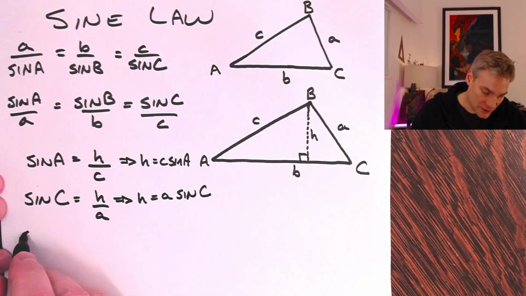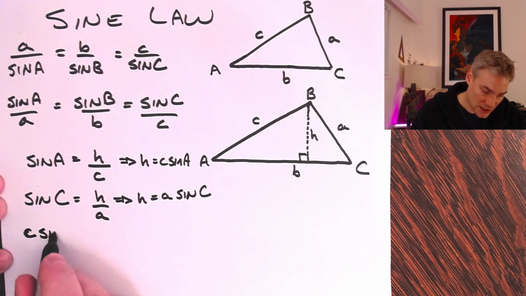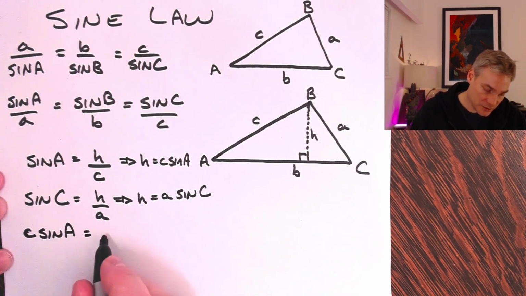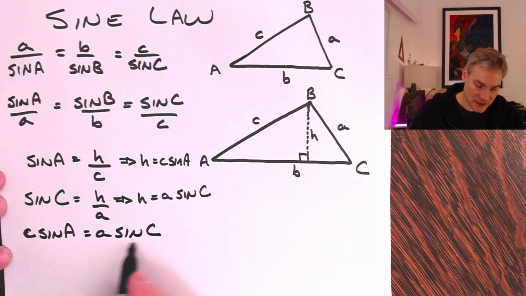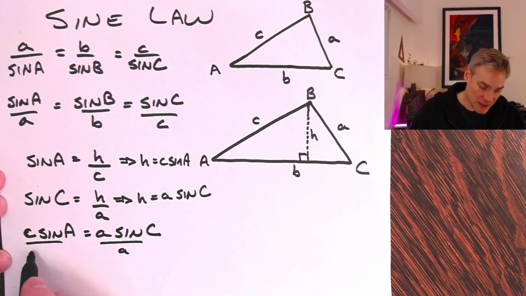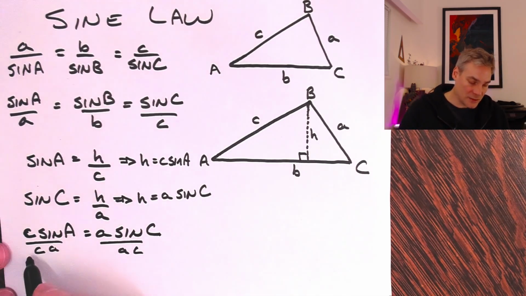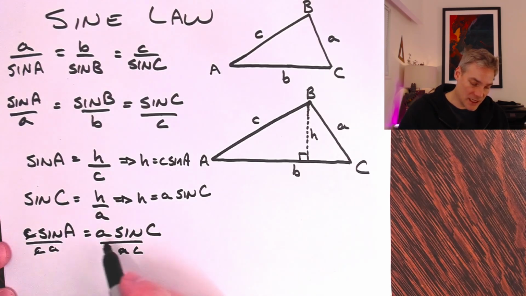So I now have c sine A equals a sine C. And if I divide this side by a and this side by c, I have to do the same to the opposite. So this side's now divided by a and this one's divided by c. My c's cancel out and my a's cancel out.